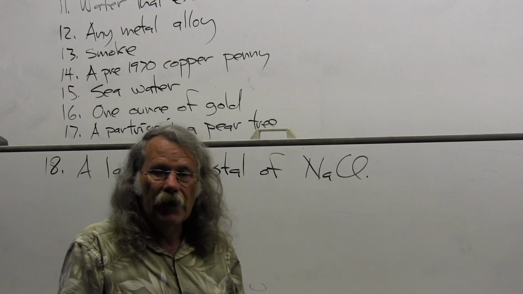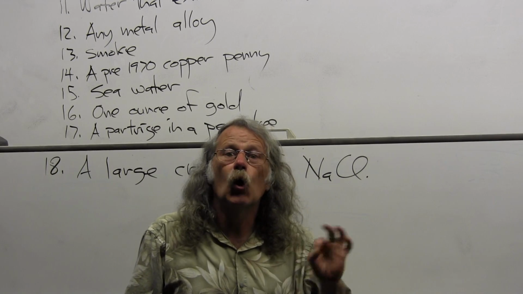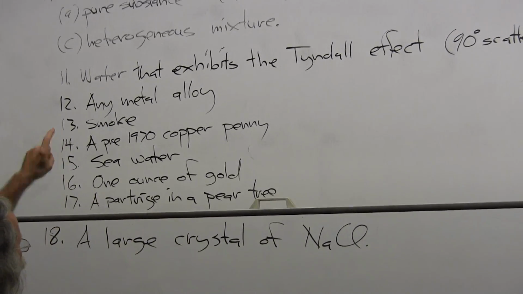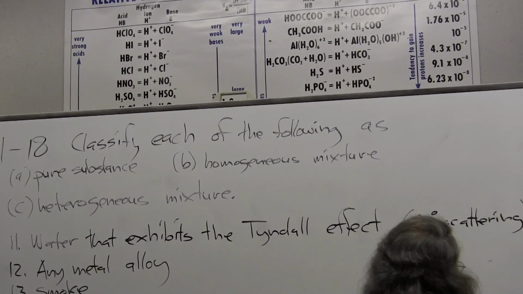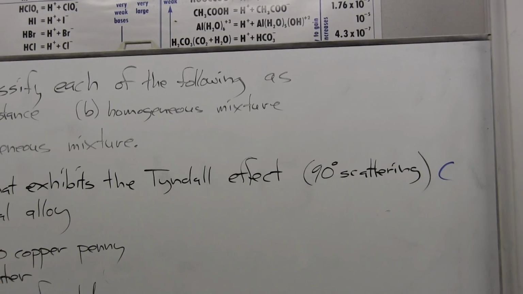And so that is one of the indicators that you have a heterogeneous mixture, not a homogeneous mixture. So this would be C. So the proper answer for this one is C. I'll put it over here.